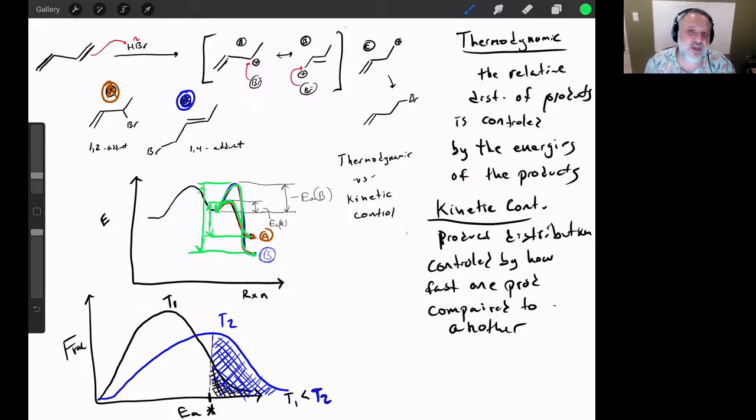So at the end of the day, when I raise the temperature and I give more molecules the ability to overcome any particular barrier, then the final product distribution will rest in the lowest energy well, period.